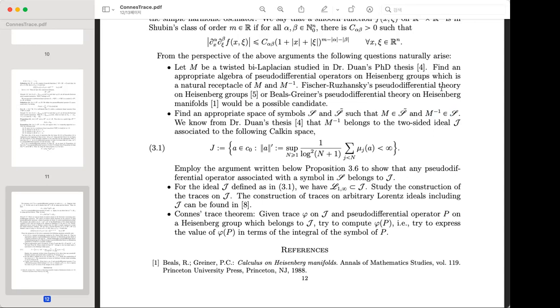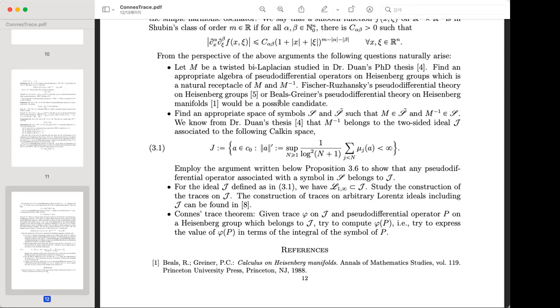I'm not sure whether I explained this to you efficiently. So the starting point should be to find out the symbol space which has the symbol of the twisted Laplacian, and study the pseudo differential calculus associated with such symbol space.